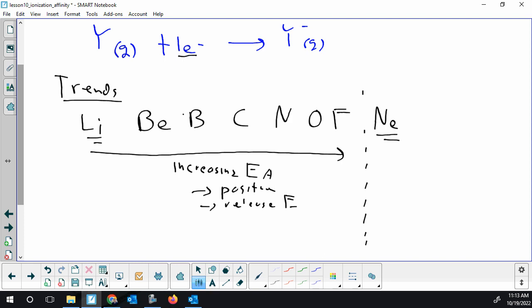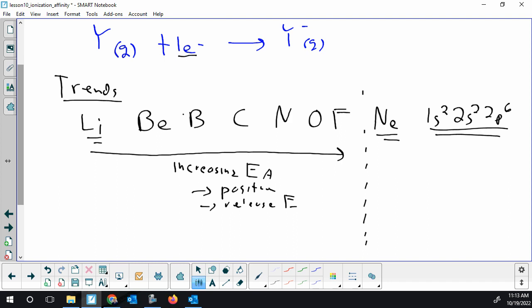Neon's already full. When you get to neon, 1s2 is its core, 2s2, 2p6. There is no room for that extra electron. So that's why you see the trend stop.